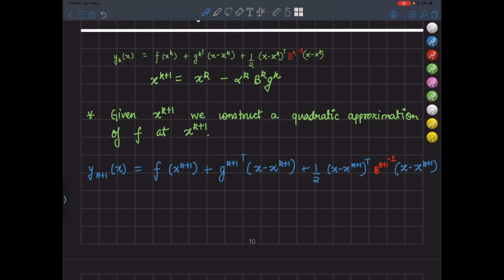All right, so this is the quadratic approximation of the given function around xk plus 1.